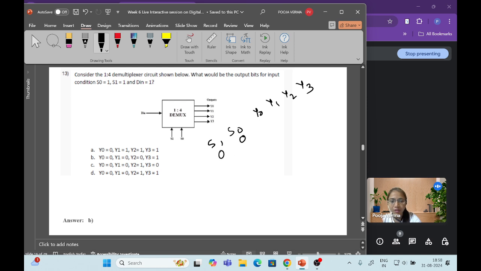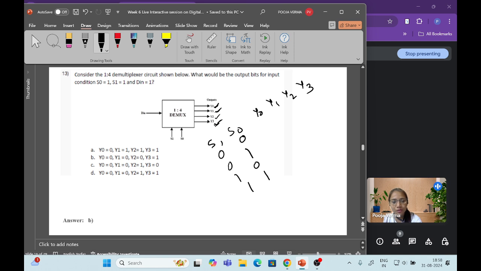There are 4 possible combinations for the selection line: 0 0, 0 1, 1 0, 1 1. If both S0 and S1 are 0, whatever input is given goes to Y0. If it is 0 1, then whatever input is there will pass to Y1, and in case of 1 0, it will go to Y2, and if both are 1, then whatever input is given goes to Y3, and all other outputs are 0 in that case.